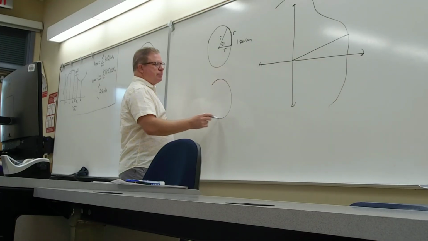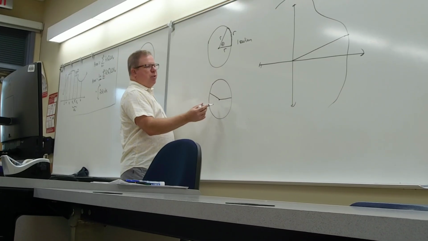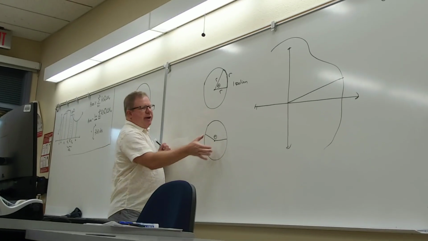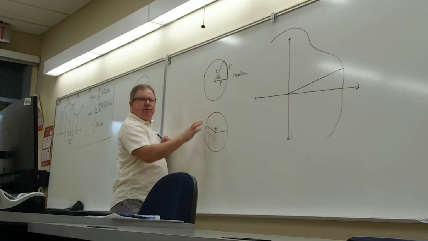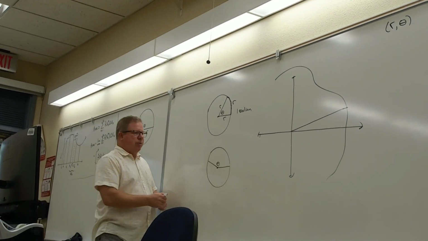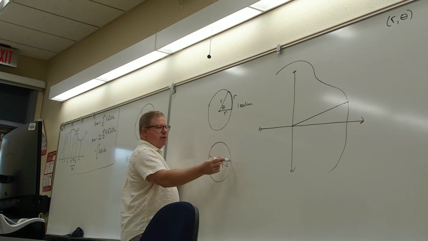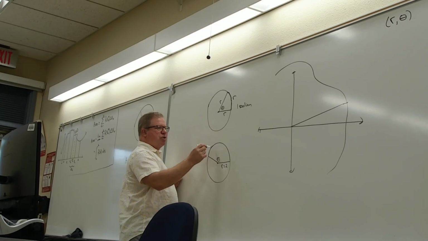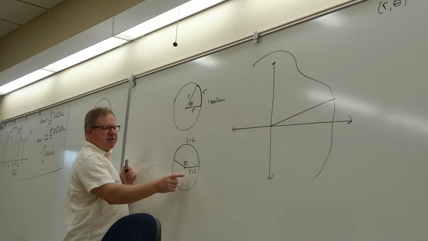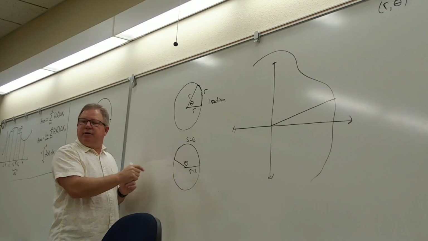Now, if we want to know how many radians this angle is, we have to count how many radii fit on the curve of the circle from there to there. So, if the radius here is 2, and this distance along the arc, which we call S, is 6, then that means 3 of these radii will fit on there, correct?